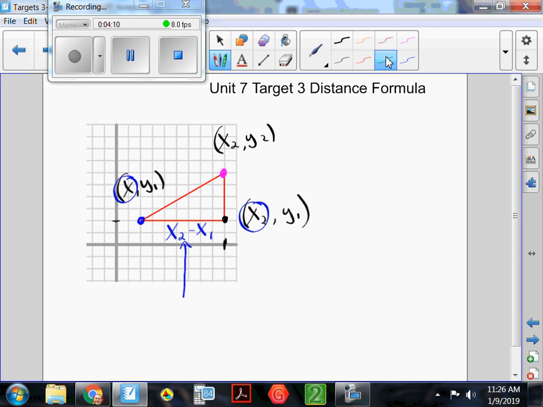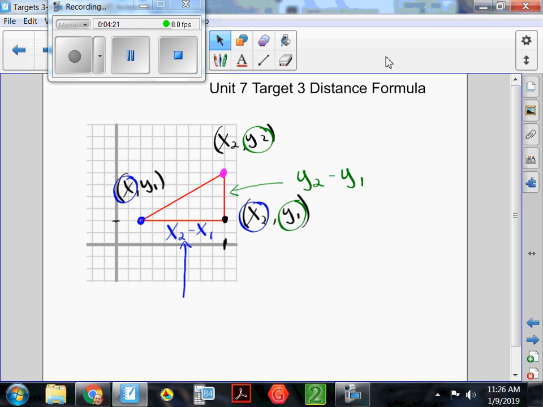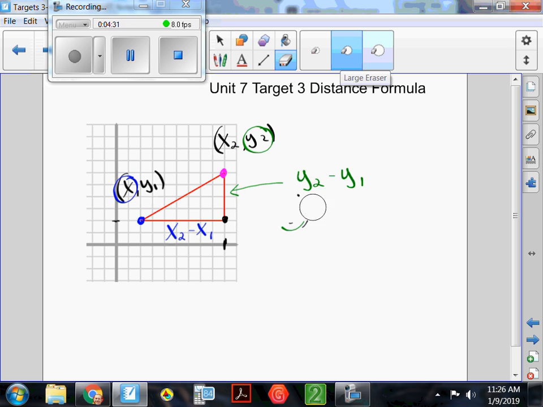To find this y value on the side, we can see it's 4 boxes, but more generally, it's going to be y2 minus y1. Any of the two y values, again, to find those numbers, 6 minus 2 gave us 4, so y2 minus y1. I'm going to erase some things and leave those there so we can see what we're working with.